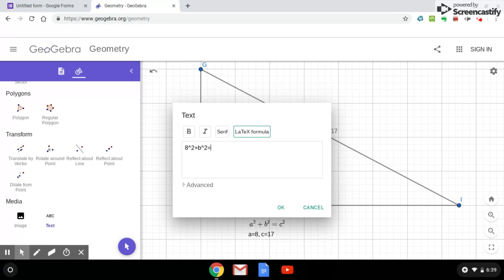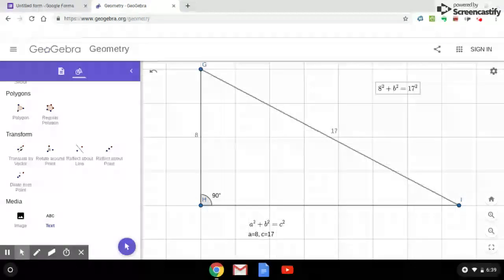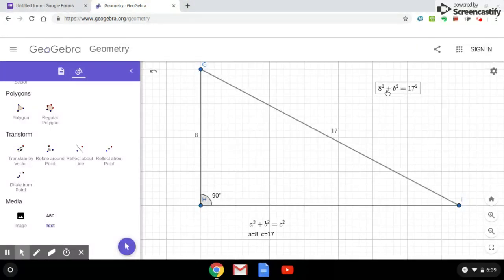And we're going to set that equal to our 17 squared, because that's our c value. So that's our new equation right here, and that's what we're going to be working with. We're going to go through and solve as much as we can.